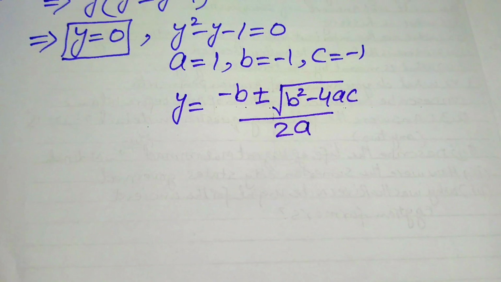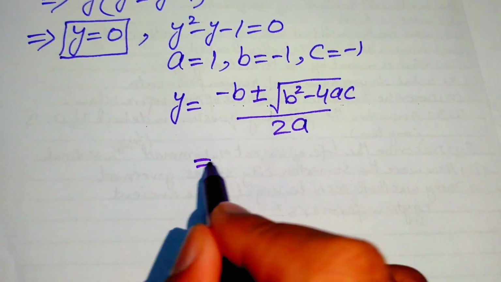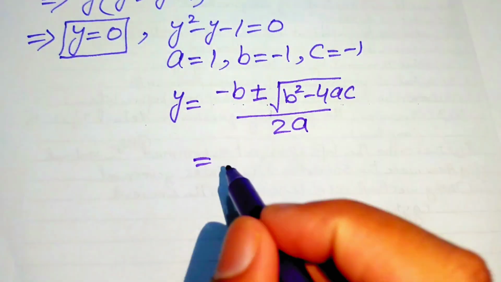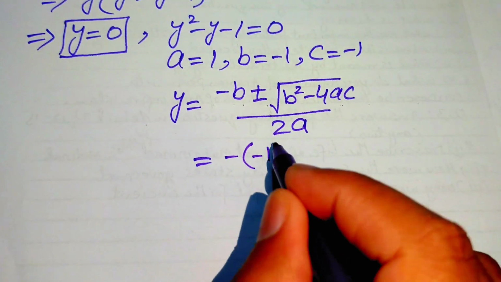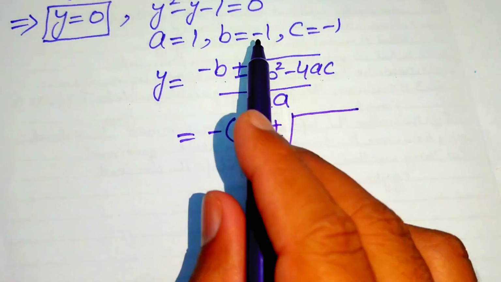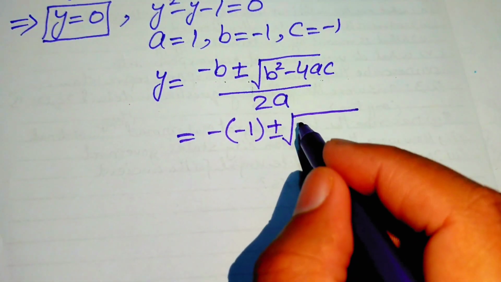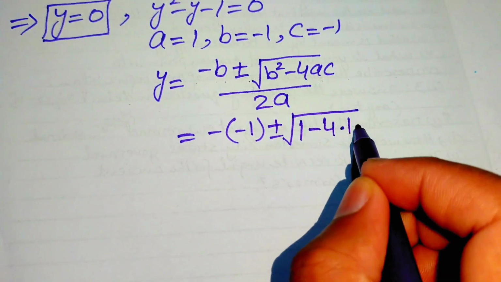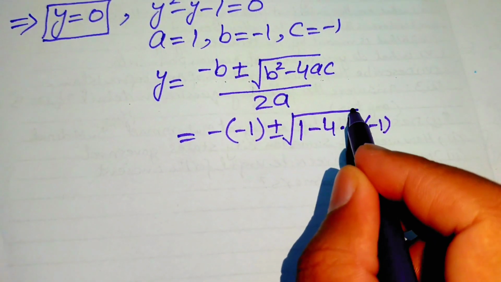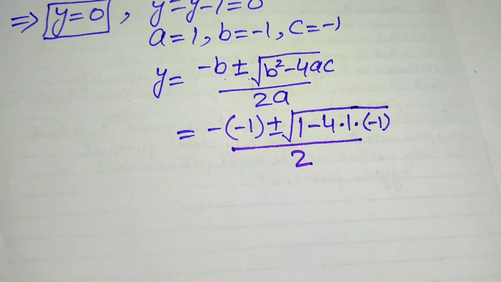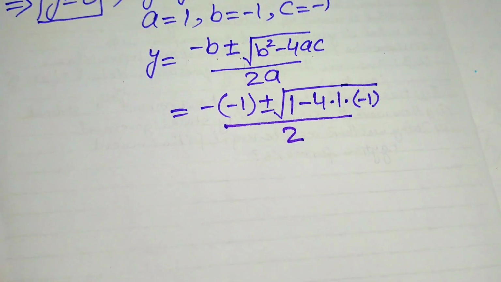So here we substitute the values of a, b and c. First we put the value of b, and it becomes minus of minus 1 plus minus square root of b squared. Our b is minus 1, and minus 1 squared is plus 1, minus 4 times a which is 1, and c is minus 1, and this whole square root divided by 2 times 1, which becomes 2.